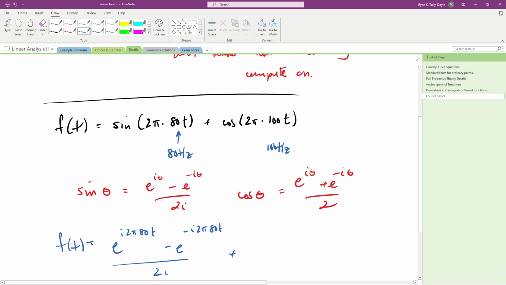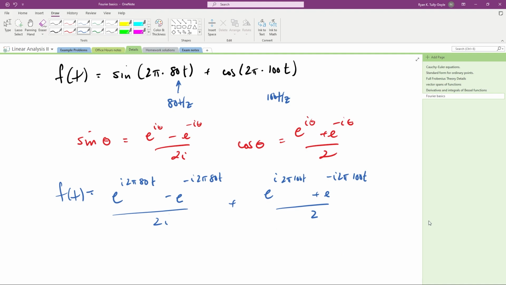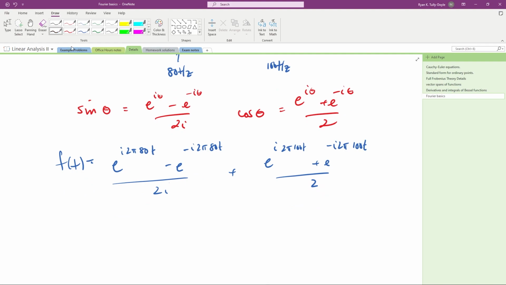Plus this cosine term, which looks like e to the i 2 pi 100t plus e to the minus i 2 pi 100t all over 2. And if you take that and you break it up and you rearrange it, what you're going to get is something that looks like this.